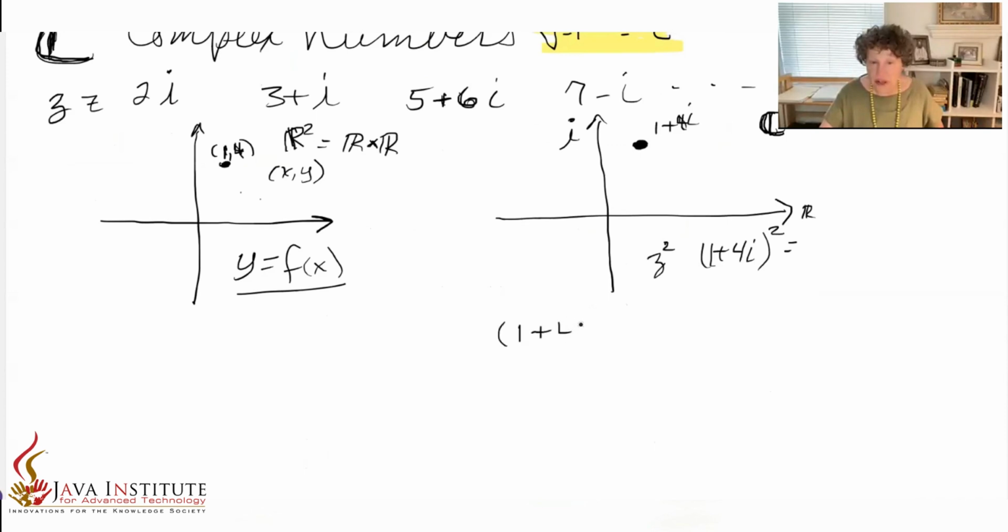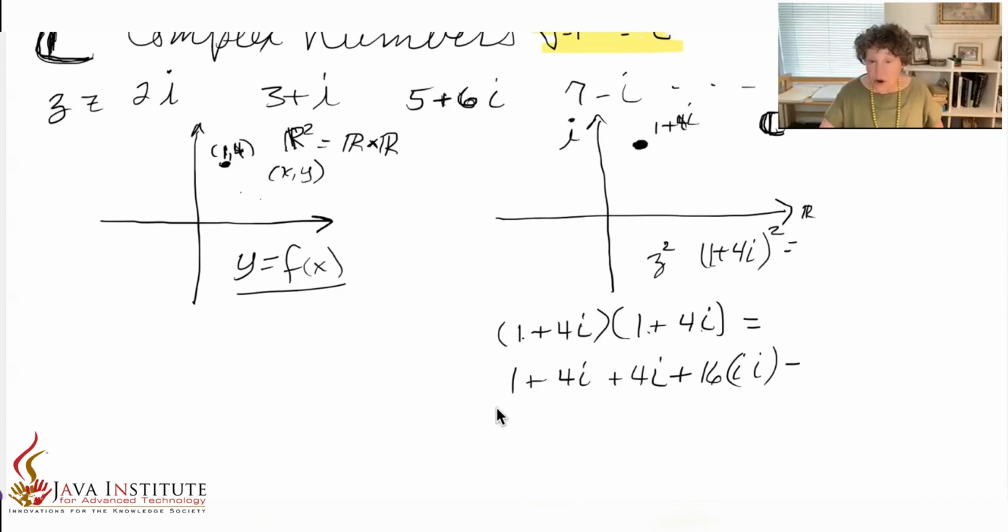I know you can do it in your head more quickly, but just to go through it carefully, that's going to be 1 times 4i is 4i. 4i times 1 is 4i. And this is 16 times i times i. Oh, somebody's got the answer in the chat here. So we're going to have 1 plus 8i. And then i times i is minus 1. That's going to be minus 16.